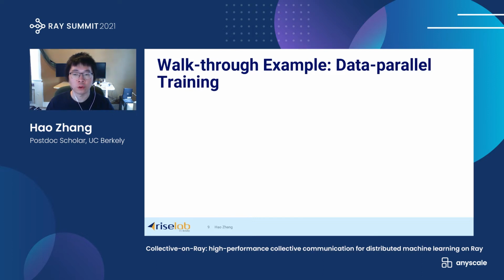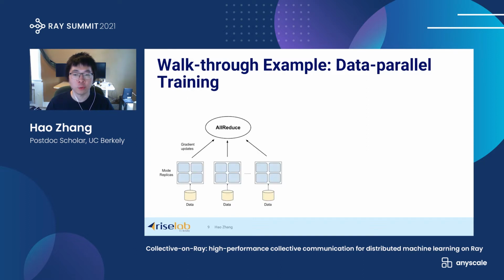Next, I'm going to walk you through the APIs by running a programming practice using the previous example, AllReduce of the gradients in data parallel distributed deep learning. In this case, we have many model training workers, each owning a model replica that is located on a different process. Each replica takes a part of the training data as input and computes a local version of the gradient updates.